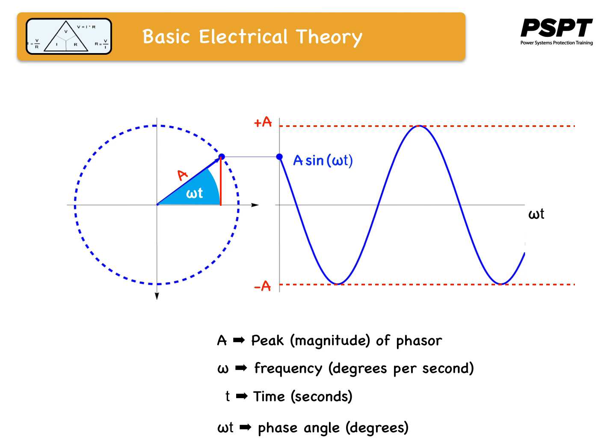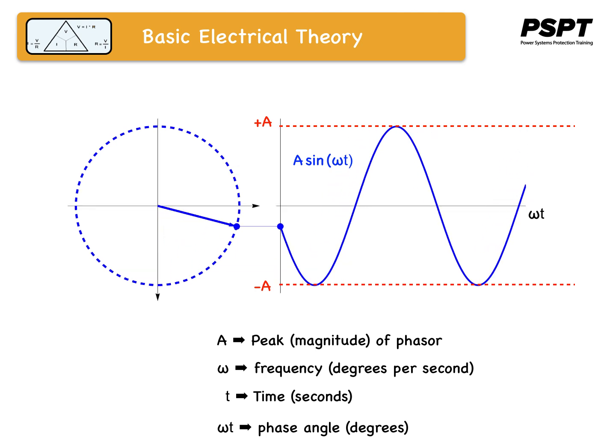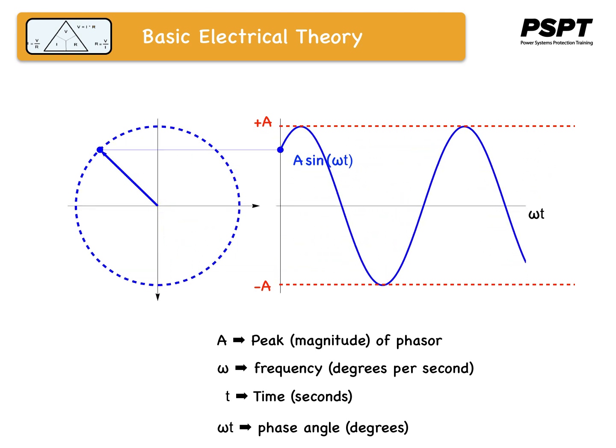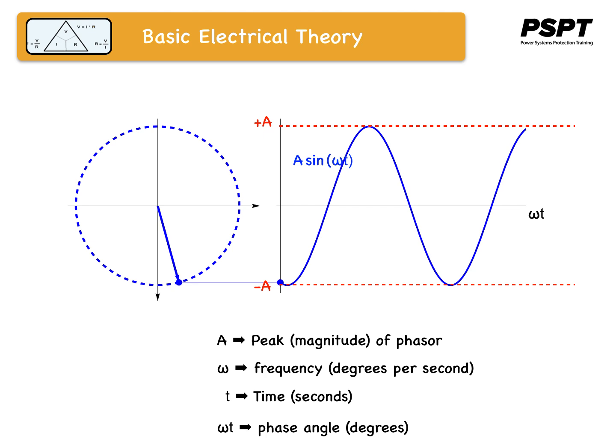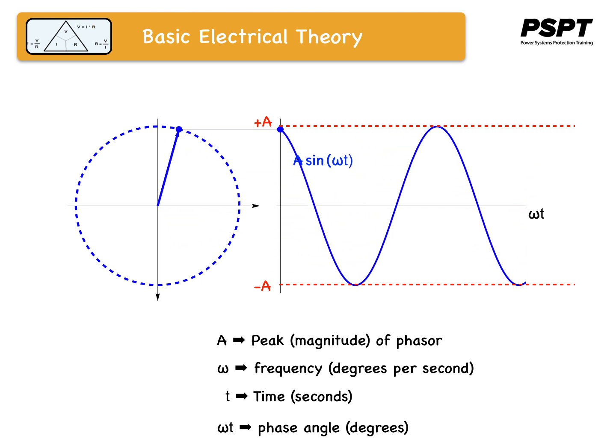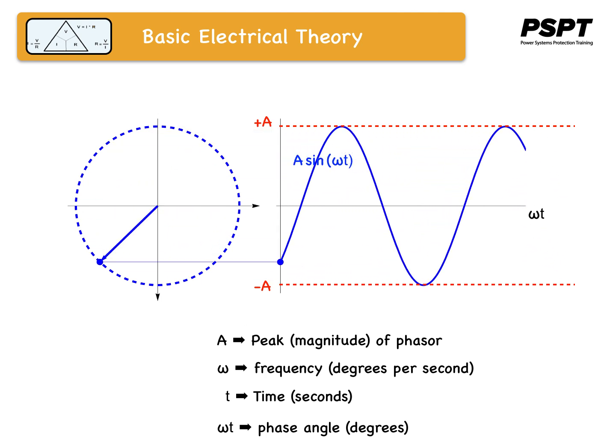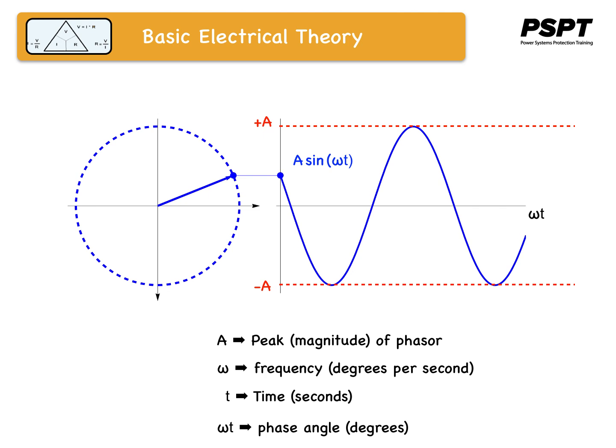Then multiplying it by the magnitude of the phasor gives you where you are on the vertical axis. So as that phasor rotates, the vertical displacement will be exactly A sine omega t.